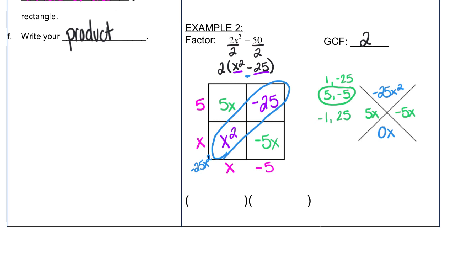Again, I can use that upper right-hand box to double check my work. 5 times negative 5 does give me negative 25. And then the last step is to write my product. So we're going to always start with the GCF out in front. So there's my 2. And then my base, which is x minus 5. And my height, which is x plus 5.